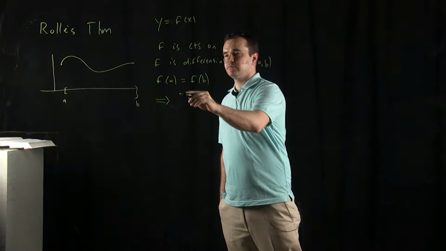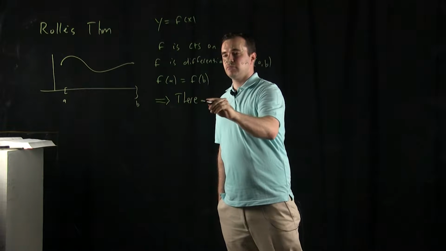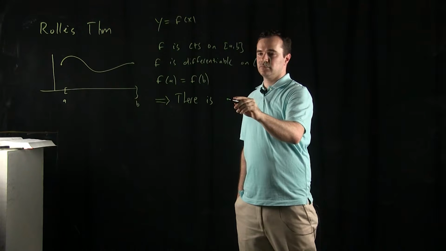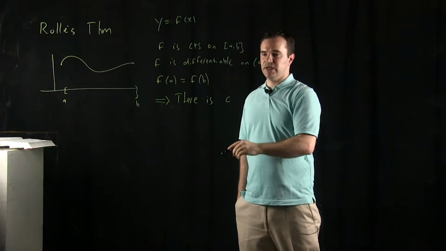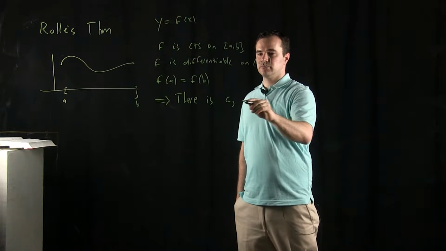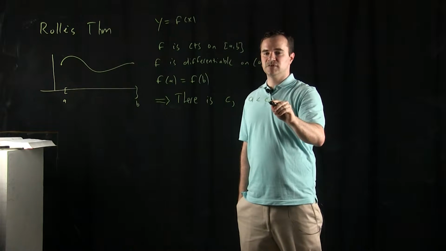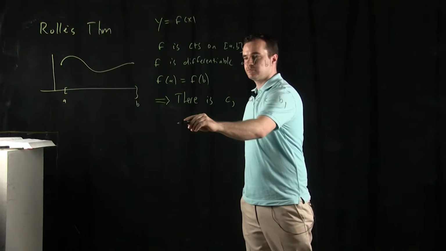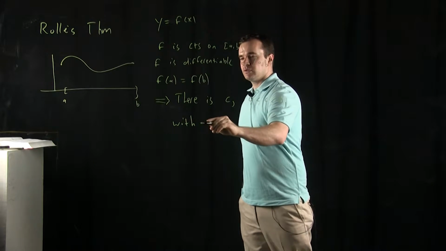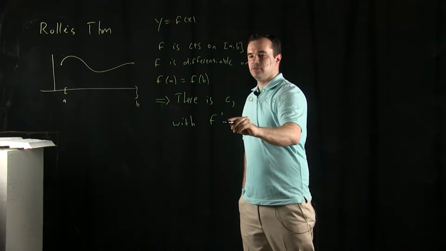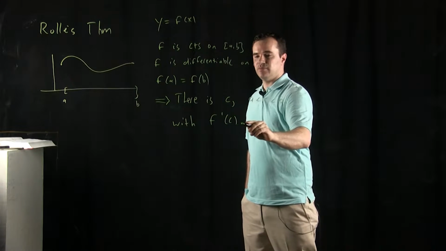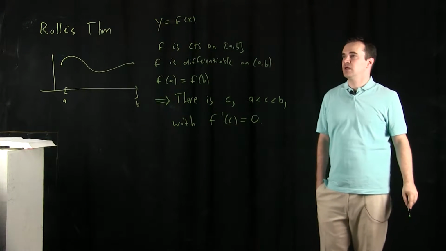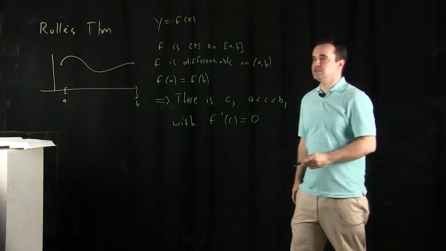You can say there must be some points in the domain strictly between a and b. It's not an endpoint, it's strictly between them, with the property that the derivative at that point is equal to 0.